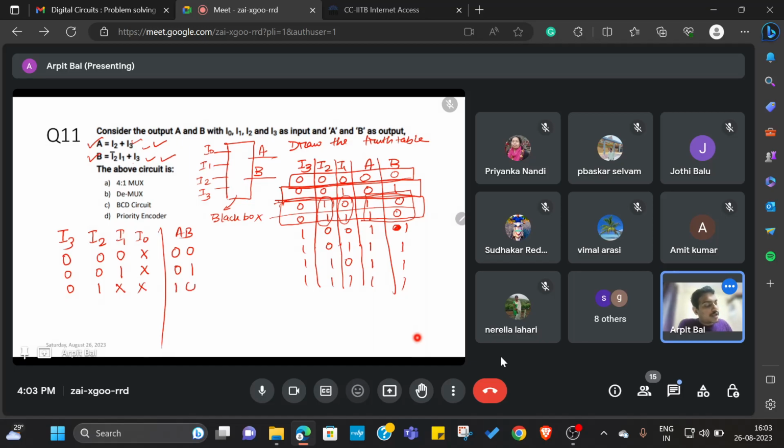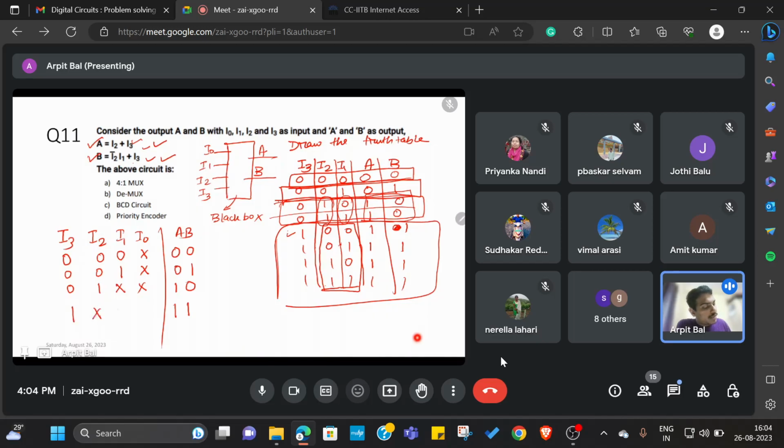The output is going to be 1 0. And when we observe that I3 is high, then we don't bother about I2 and I1, and I0 we never cared about. So it doesn't matter whatever I1 and I2 are. If I3 is 1, it is going to be 1 1.